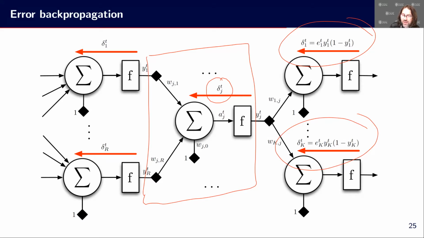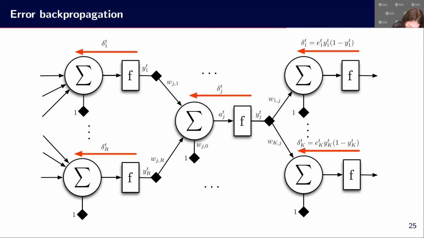Here we are looking at a neuron on the hidden layer just before the output layer. So these deltas on the right are the ones from the output layer. But the point is, with this delta, we are able to define the deltas on the hidden layers before. So they will reuse the same deltas and they will take that into account.